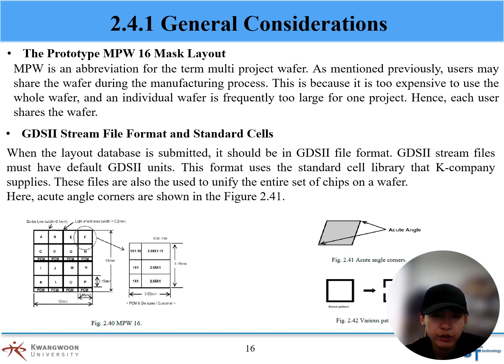Hence, each user shares the wafer. Each customer uses the given rules in designing the desired circuit. After that, the company gathers each circuit and fabricates the chip on one wafer. The term MPW comes out of this process.